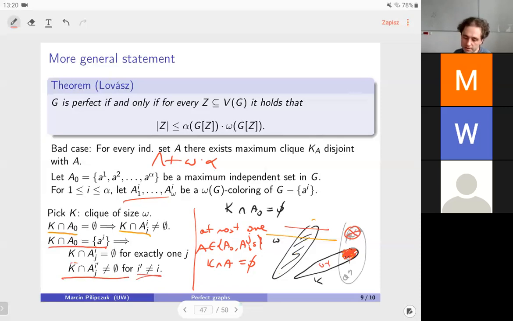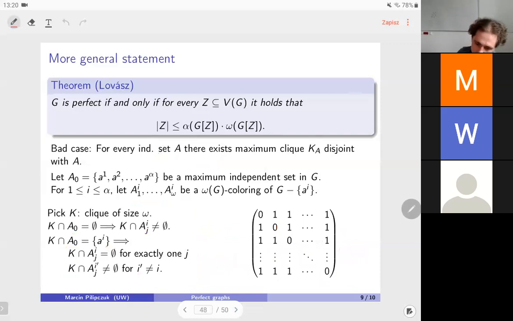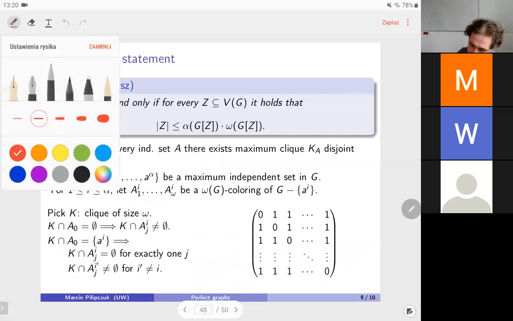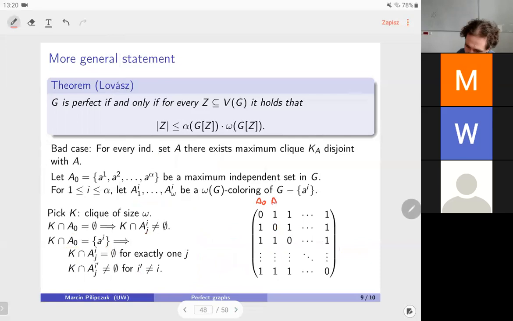On the other hand, for every independent set, we have this disjoint clique. So now write all these sets: A0, A11, and so on, A1, A omega 1, up to A omega alpha.